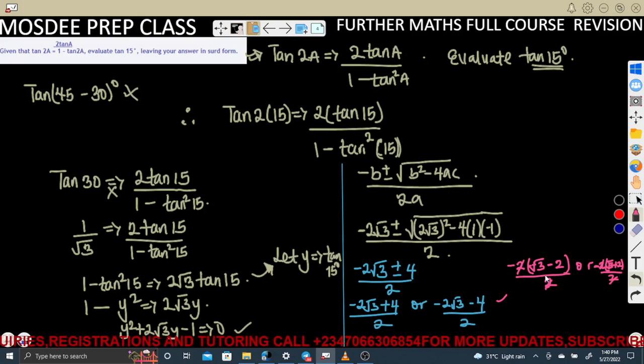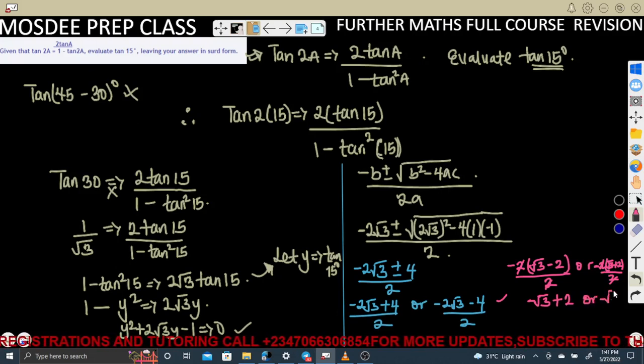This answer gives minus root 3 plus 2, and minus root 3 minus 2. So the two answers are correct, but recall that you are looking for tan 15 degrees.